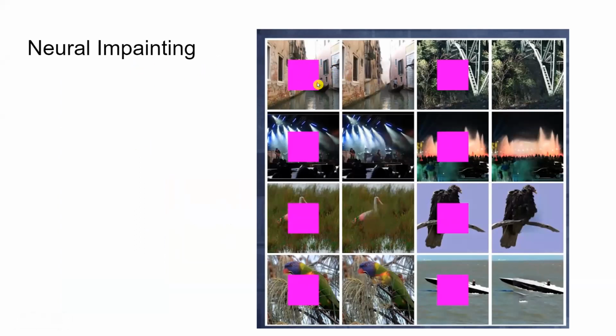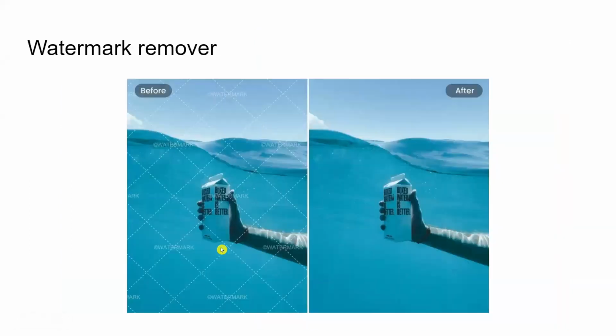So if you have a block out like this, and you train it so that it's able to fill the blank of the picture, that's one of the applications too. And also another application, watermark remover. It only captures the most important features, and it just deletes what's not important, depending on how we train it.